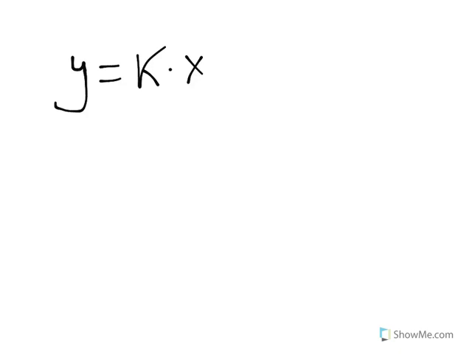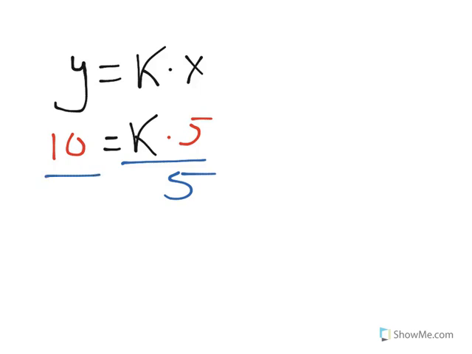I'm going to substitute the values in. So y is 10 and x was 5. At this point, I want to solve for my k, so I divide by 5. When I divide by 5, 5 divided by 5 is 1, or I'm just going to put k. 10 divided by 5 is 2.